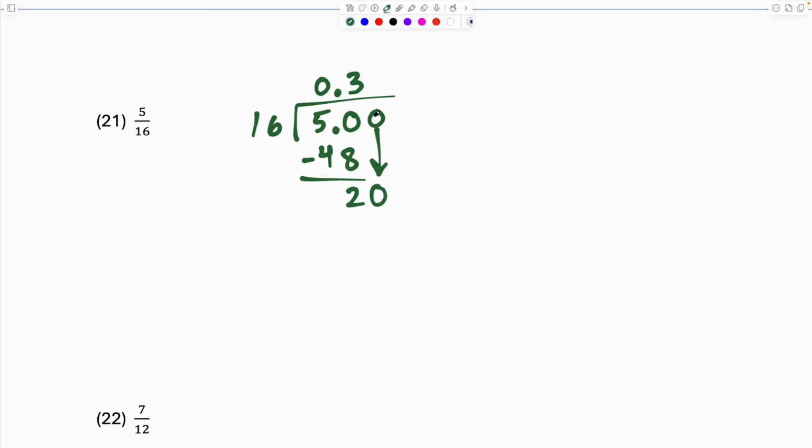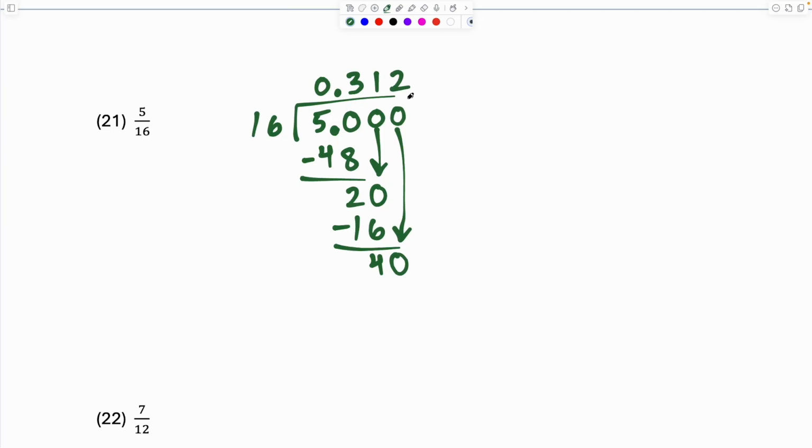So then I could just put an extra 0 and bring it down. Okay, so the reason I could do this is I put 5.0. So all the zeros after this are not adding any value to the original number 5. So that's why this works. Now I could do 20 divided by 16. I get as close as 1 times 16 is 16. Subtract, remainder 4, put an extra 0, and bring it down. So here, now I could do 40 divided by 16.